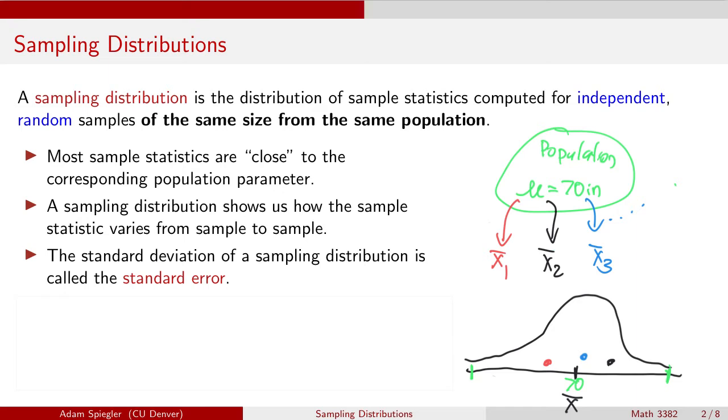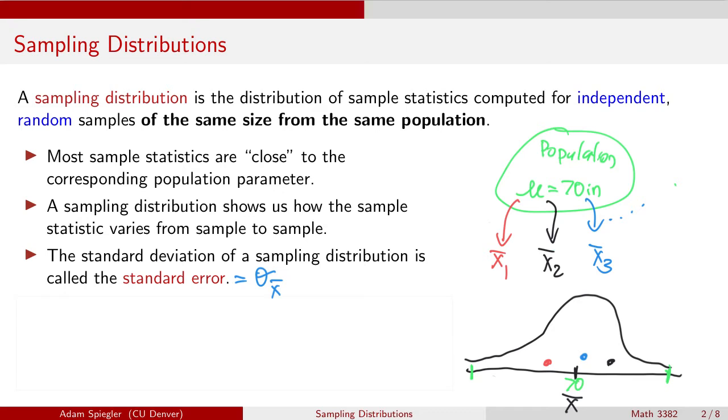This measurement of the variability of the sampling is what's called the standard error, and the standard error is just the standard deviation for the sampling distribution. But we call it the standard error because it's capturing something different than variability from individual to individual in the population.